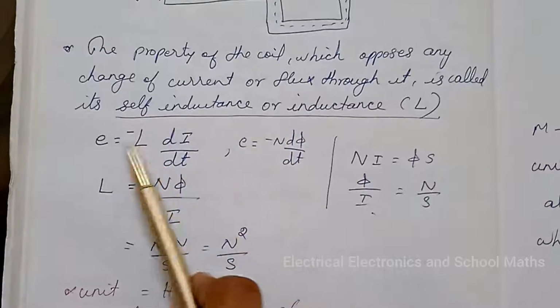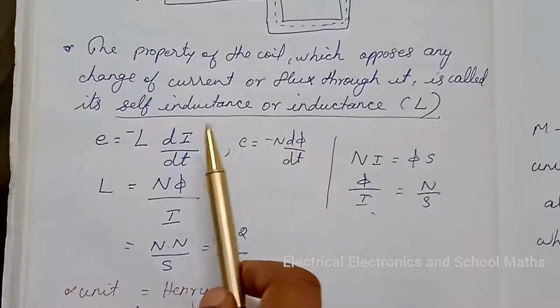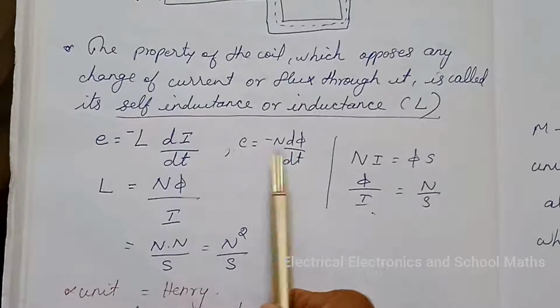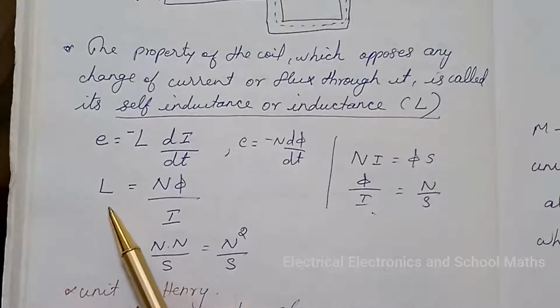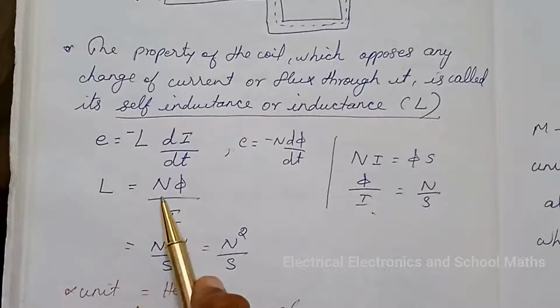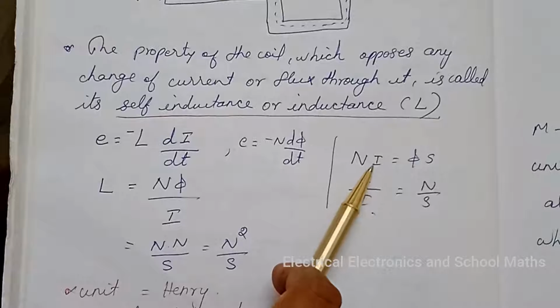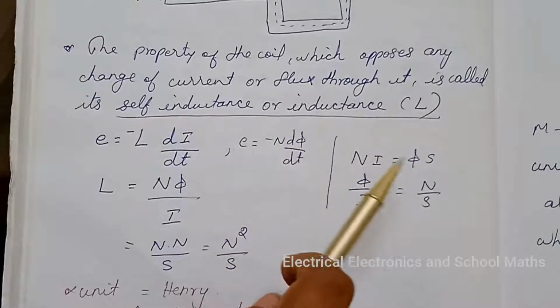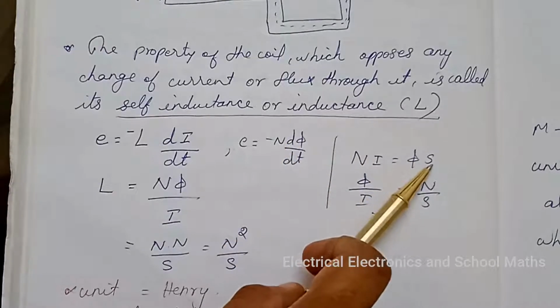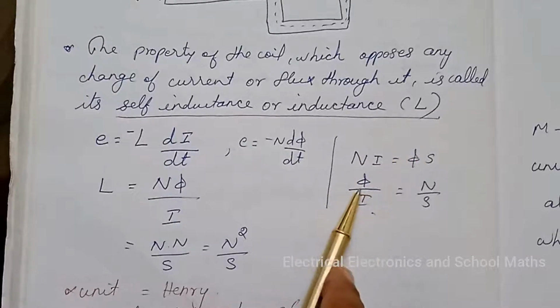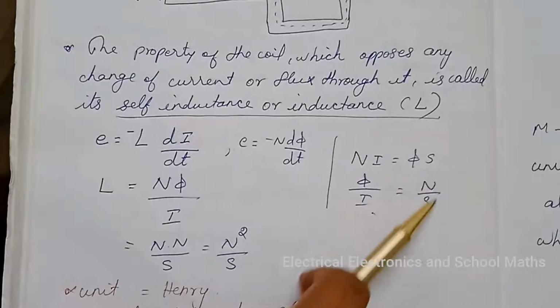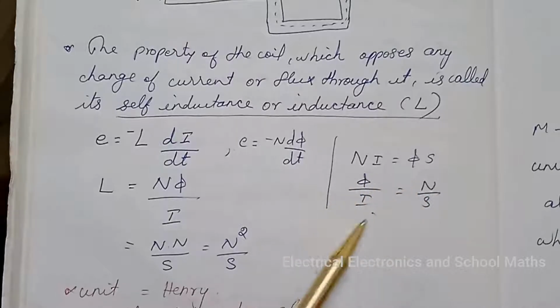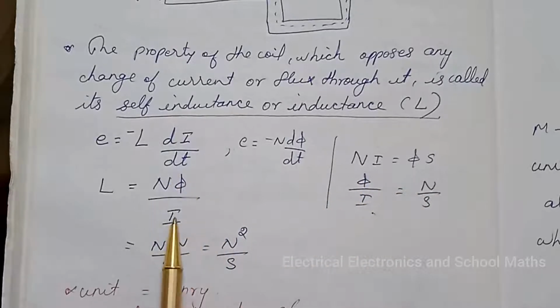By comparing these two equations and after integrating, we get the value of self-inductance L is equal to N into phi divided by I. And we know MMF is equal to phi into S. From this, we get phi by I is equal to N by S and substitute the value of phi by I here. We get L is equal to N square by S.